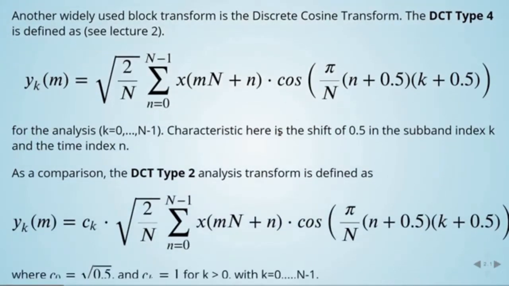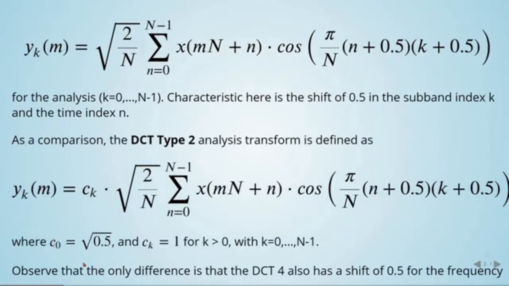If we compare it to the DCT type 2, which is defined by this equation here, the only difference is this c_k coefficient, where c_0 is the square root of 0.5 and c_k is equal to 1 for k greater than 0, for k going from 0 to N minus 1.